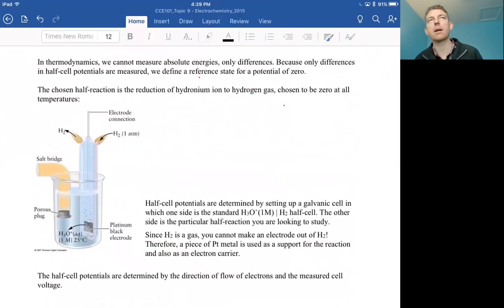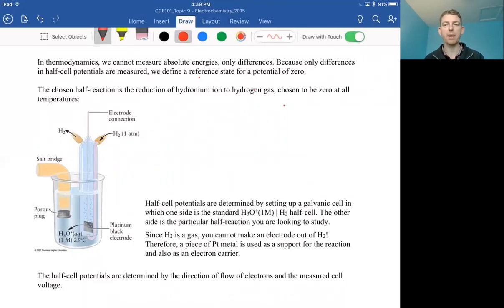So when we say 0.34 volts or negative 0.76 volts, that has to be compared to something. We need a zero because nature doesn't define a zero for us.